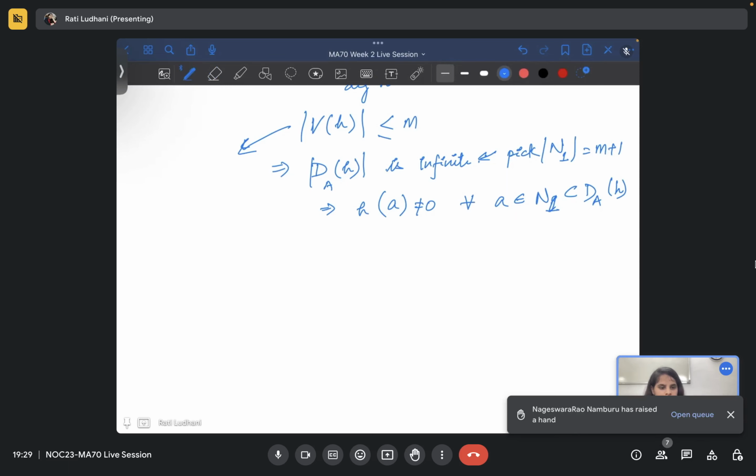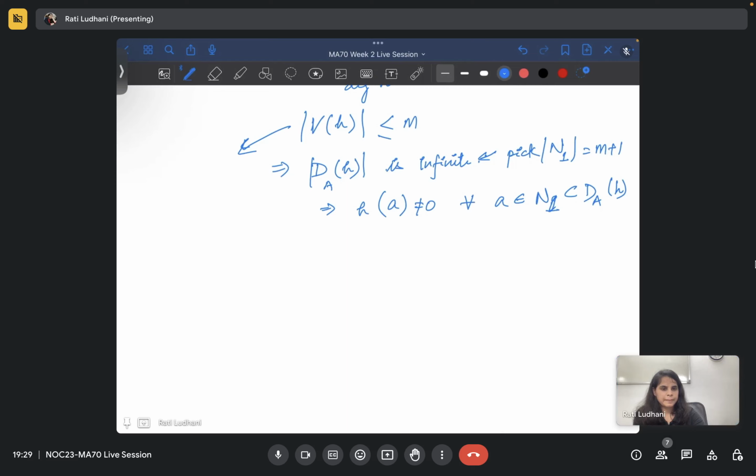Suppose h is not equal to 0, as they have given. So there exists a tuple a1, a2, a3, ..., an such that if you substitute it, h won't be equal to 0.